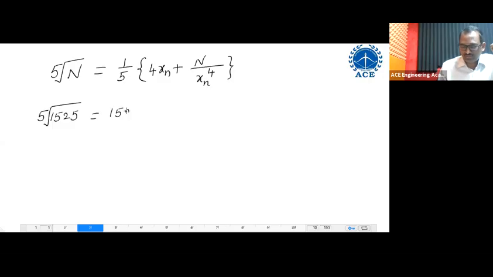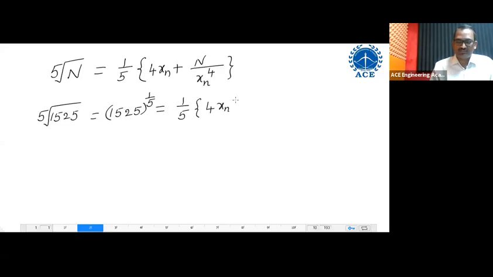That is 1525 whole to the power of 1 by 5, which means 0.2. That is equal to 1 by 5 into 4xn plus capital N value 1525 divided by xn power 4.